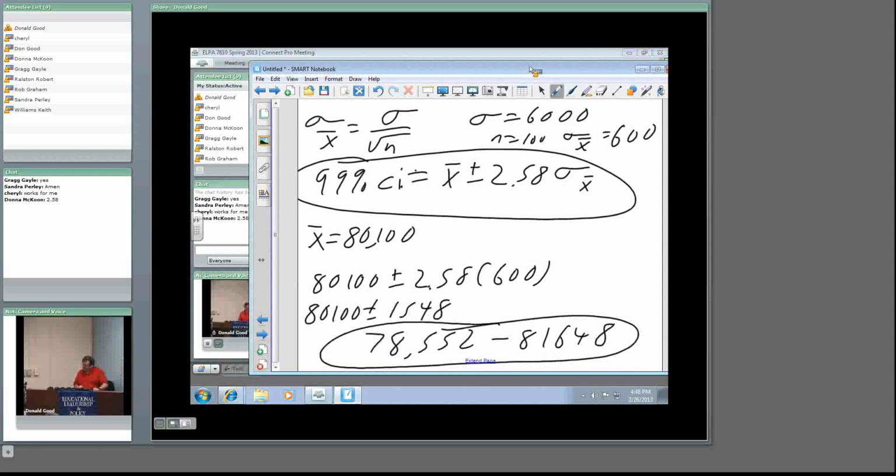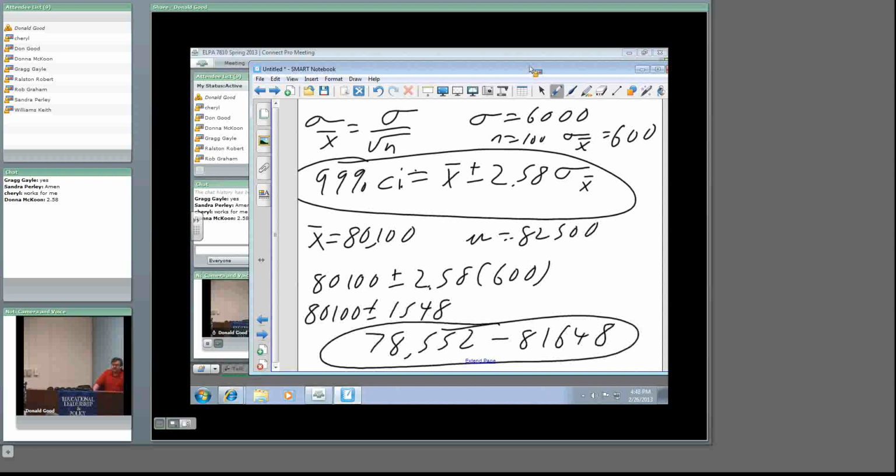Now the question was, remember that the mean for everybody, our mu, was 82,500. My mean salary of female faculty members is 80,100. But is it exactly 80,100? Probably not.